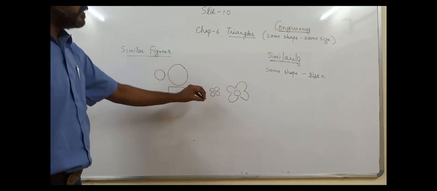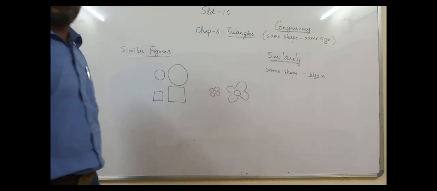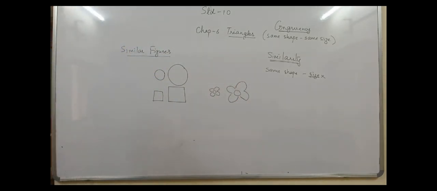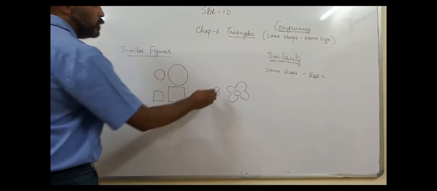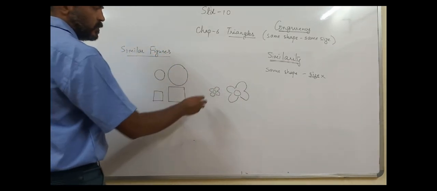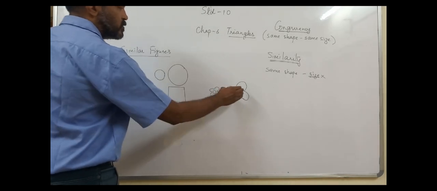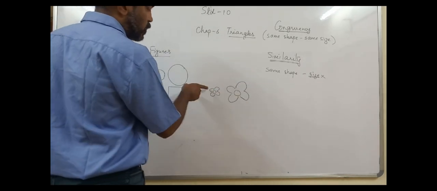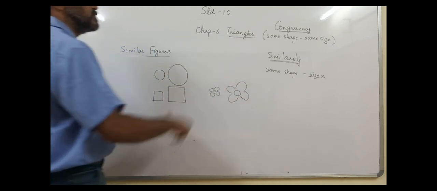If the center increases 5 times, then the other petal size will also increase 5 times. This is something called similarity. The shape remains the same and the size is changing, but the ratio of the sides remains the same. When you zoom 2x, the figure becomes double. When you zoom 3x, the figure becomes triple. But when the size of one petal increases, the remaining petals increase in the same ratio.